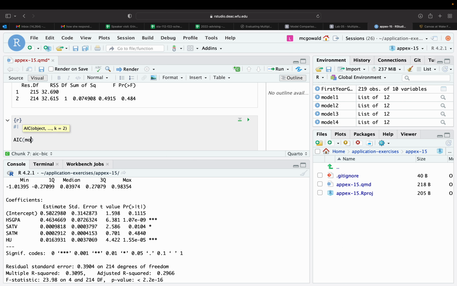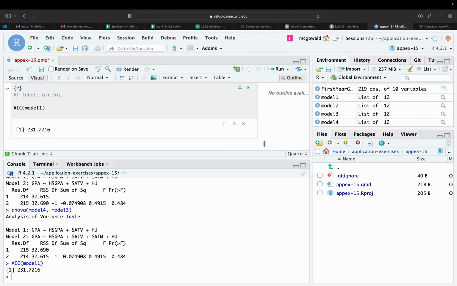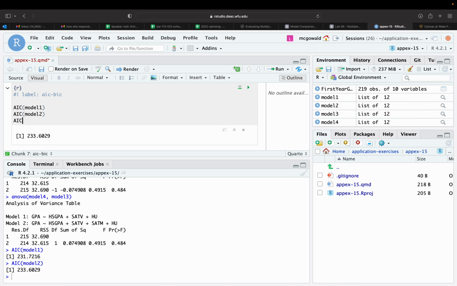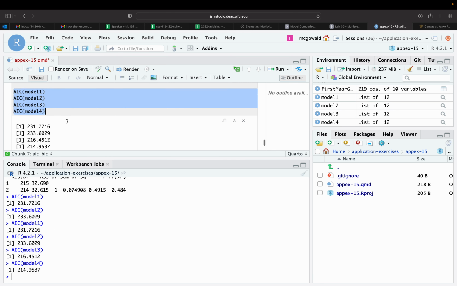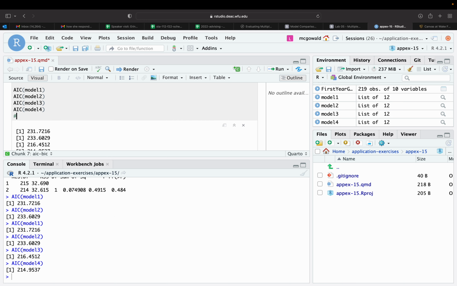Yeah, AIC model 1. And I can also do AIC model 2, AIC model 3, and AIC model 4. All right, let's run these four. Which one is the best based on AIC?